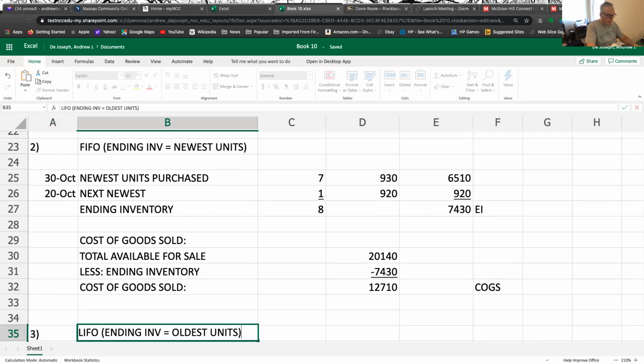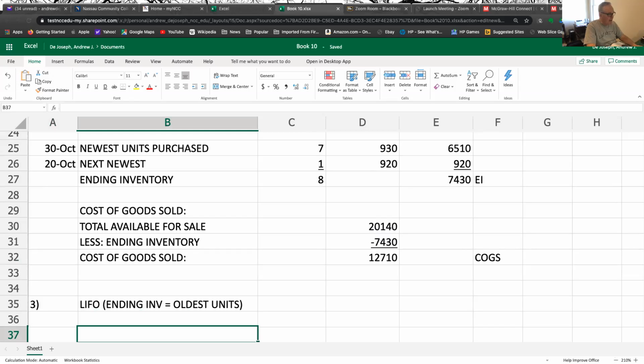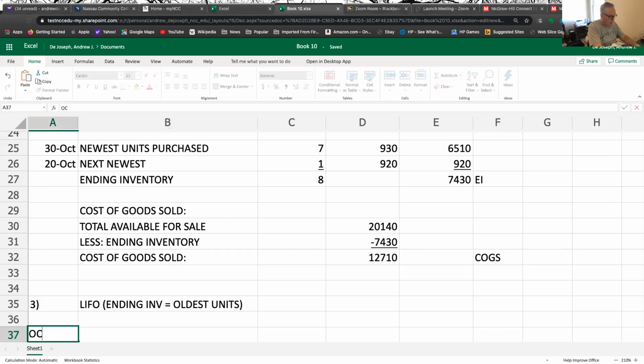Under last in, first out, it's going to be the oldest units. Now, the oldest units is always the beginning inventory, right? It's always the beginning inventory.